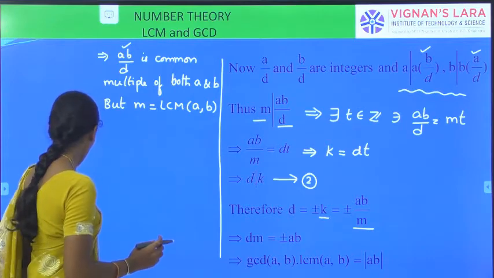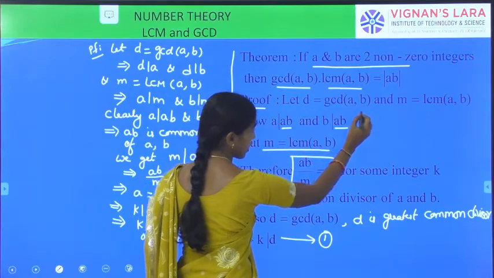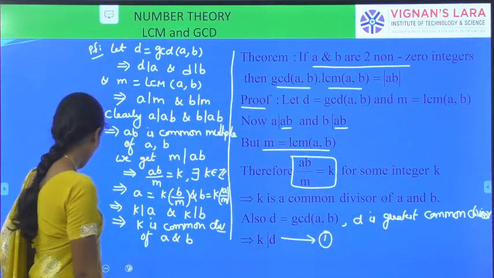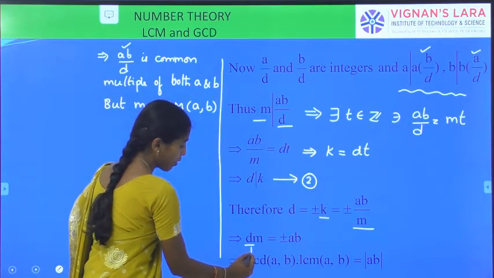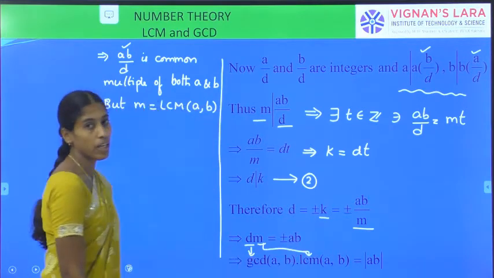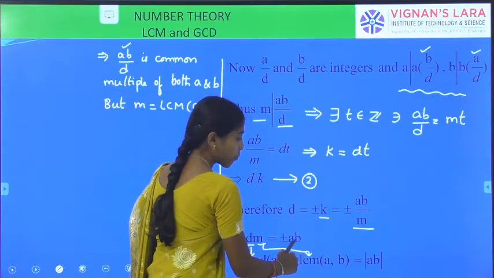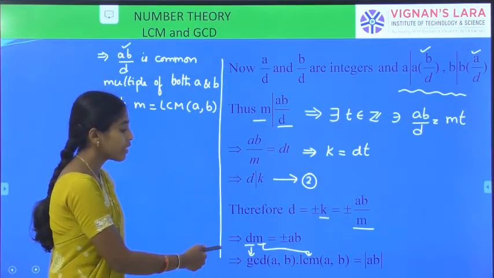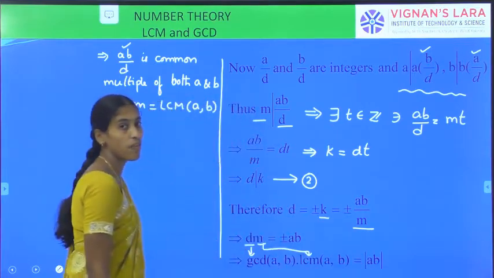Initially, when we start the proof of this result, we assume that D is equal to GCD of A comma B and M is equal to LCM of A comma B. So replace this D by GCD of A comma B and replace this M by LCM of A comma B, which is equal to plus or minus AB, which can be written as modulus of AB. So GCD of AB into LCM of AB is equal to modulus of AB.